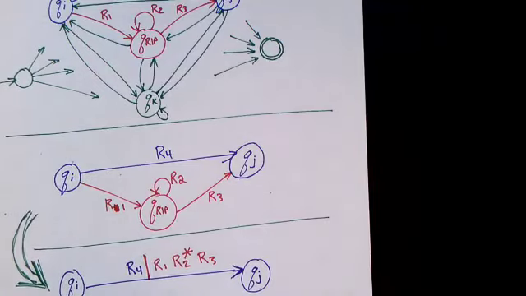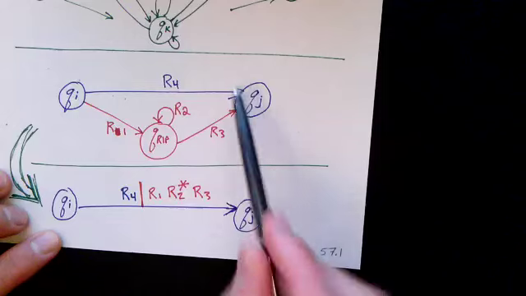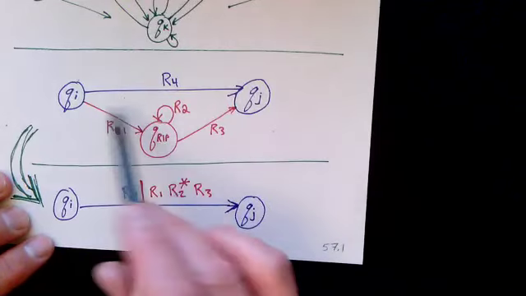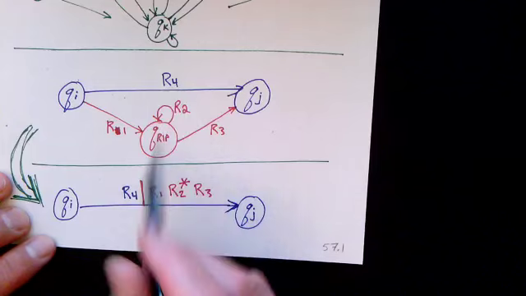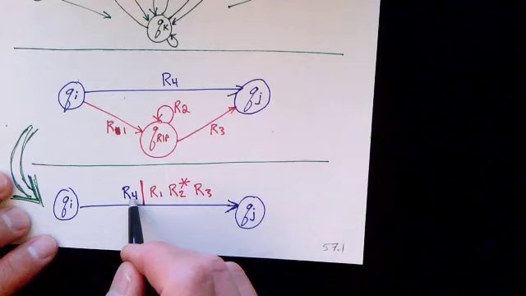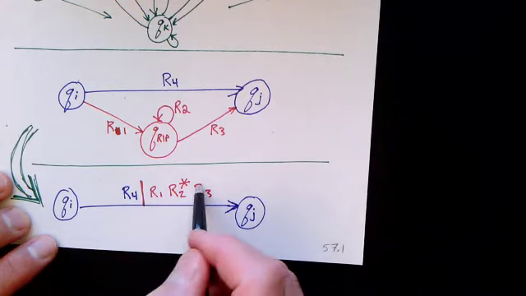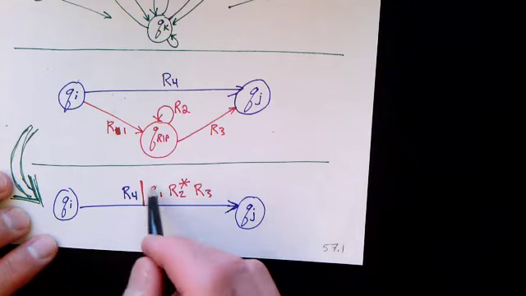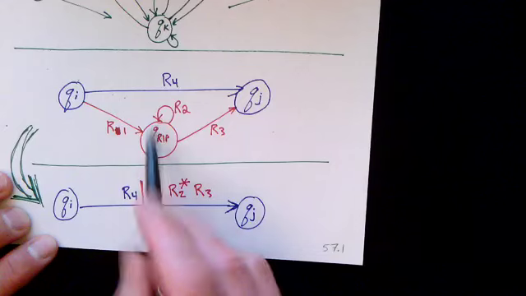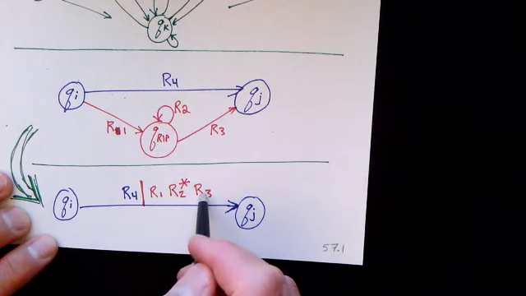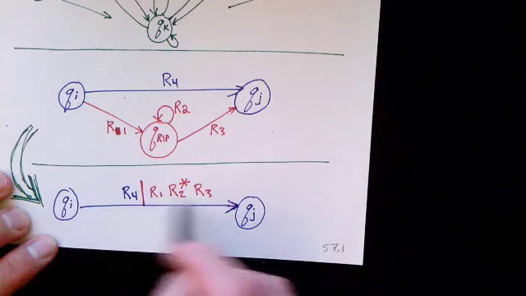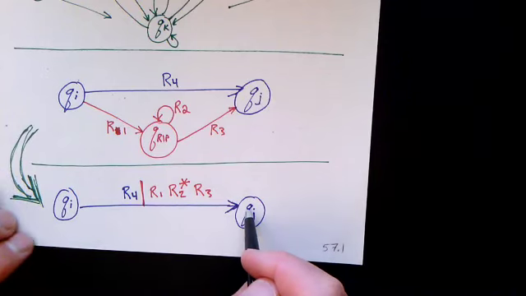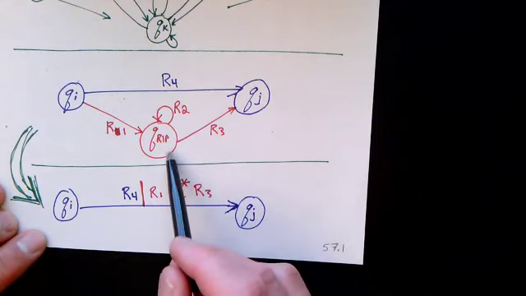So when we remove this state, we need to modify this edge to indicate the 2 different ways of getting from i to j. And so we modify the label on this edge to become the regular expression R4 or, and then all these things group more tightly, either R4 or R1 followed by 0 or more occurrences of R2 followed by R3. So we build a new regular expression to describe what strings will get us from state Qi to Qj now that we've removed the state Qrip.